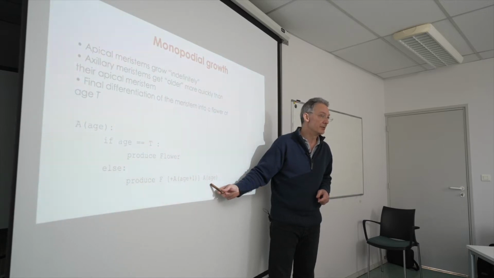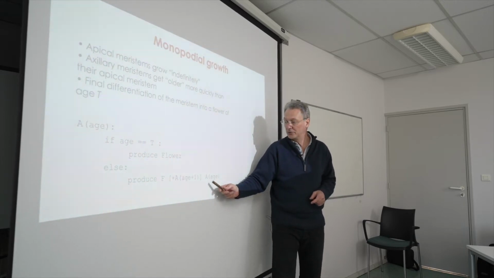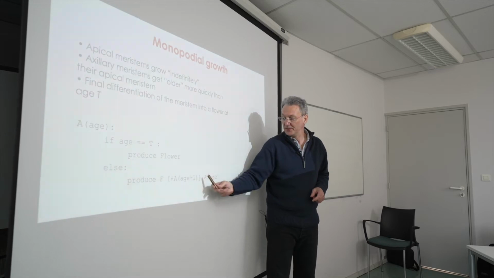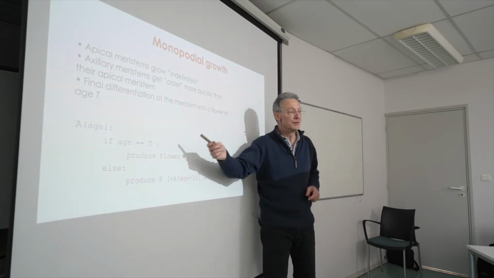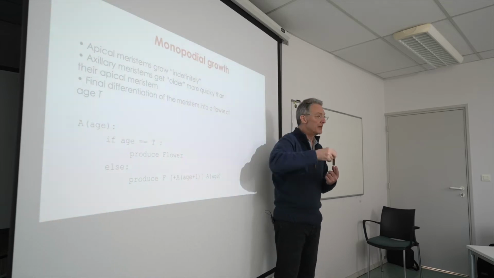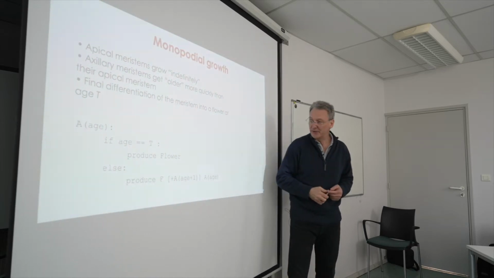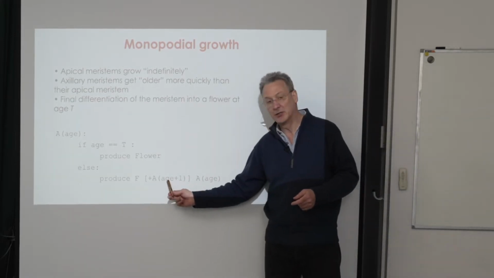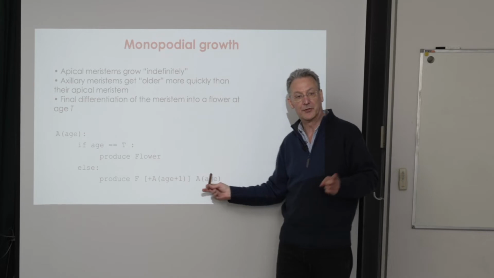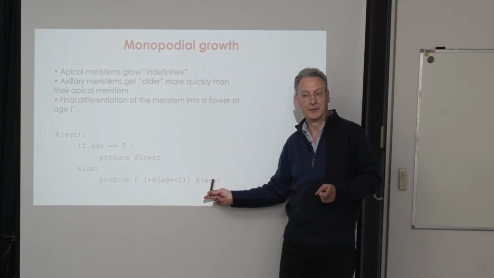that doesn't get older. So we could increment this one faster than this one. Here I didn't increment the age of the apex on the main axis. But what is important is that the age of the lateral is older than the age of the leader.